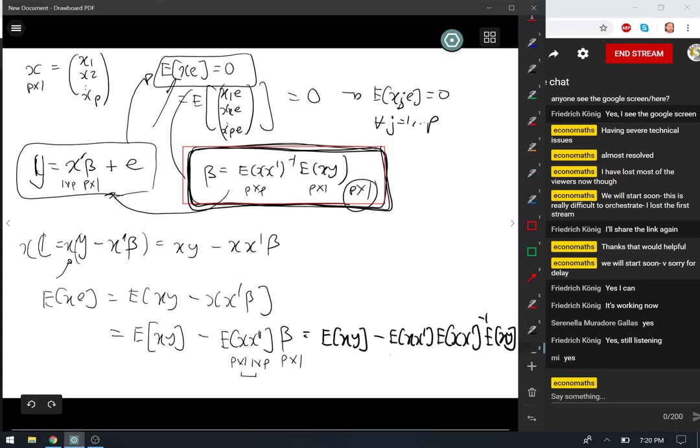By definition of the inverse of a matrix, this is the identity matrix, and the identity matrix times a vector is itself. We're going to get E of xy minus E of xy equals naught.